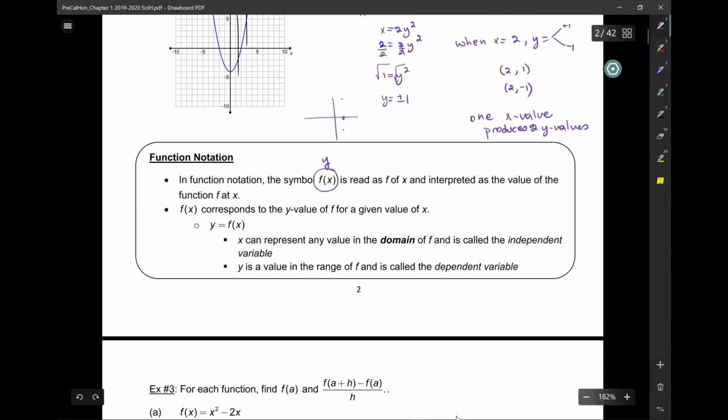So f of x, this is the name of the function, and then this is the variable in the function. It's actually the independent variable.